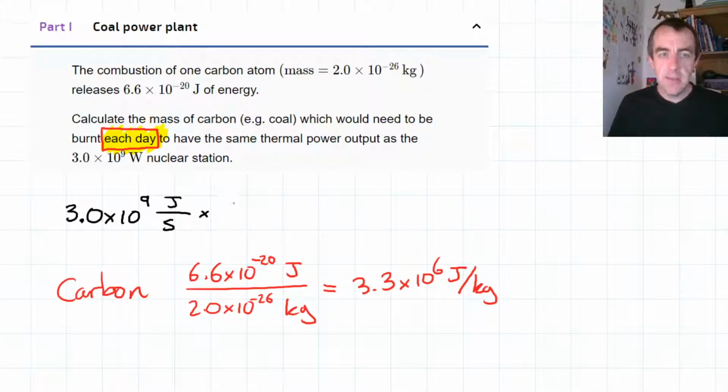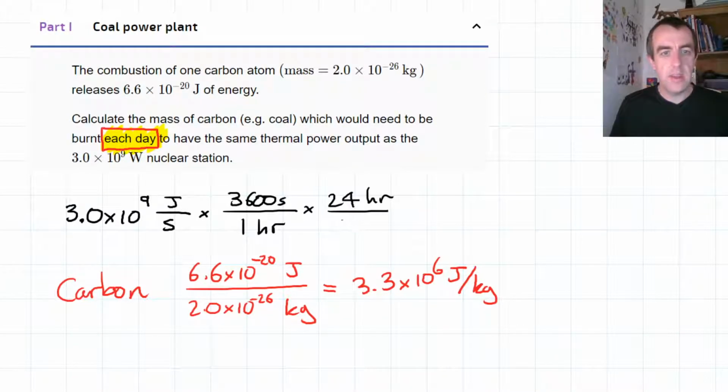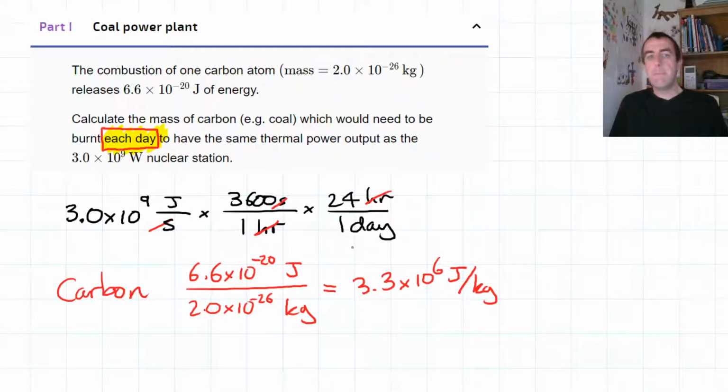And in a day, well, there are 3,600 seconds in 1 hour, and there are 24 hours in 1 day. So cancelling seconds with seconds, hours with hours, leaves us joules per day, which is what it's asking for. We want the mass per day.